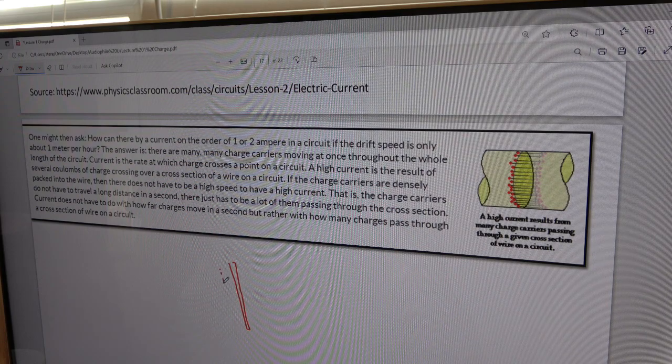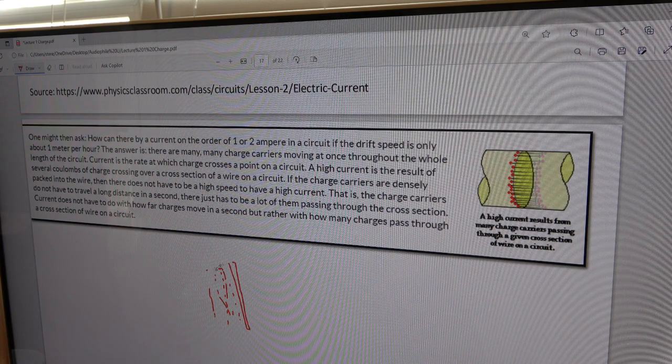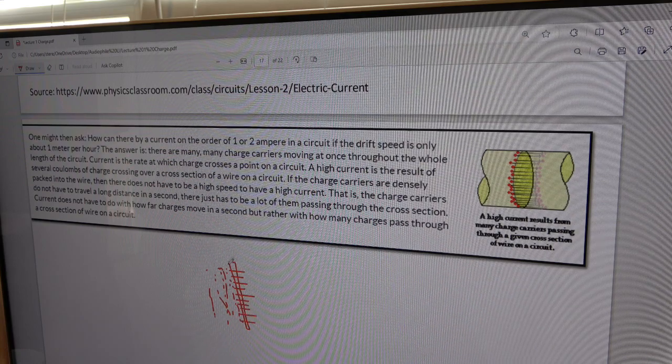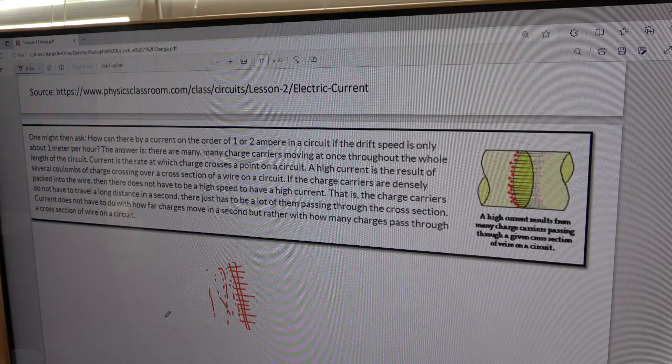If I've got tons of these electrons all over the place, and they may all be moving randomly and chaotically, but there's a ton of them waiting at the threshold. And remember, they're all making general progress forward. If there's a ton of them at the threshold, even though they're moving slowly, but there's a ton at the threshold.